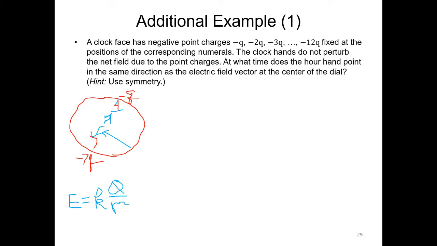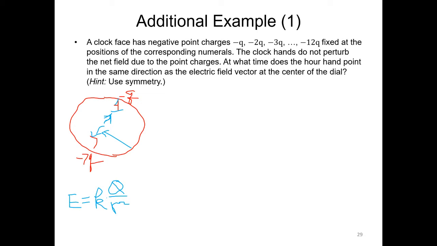So R squared should be the same for all the 12 charges. So the only difference is the charge amount. So for this one, -1, this one is -7. So actually part of the electric field should be cancelled.